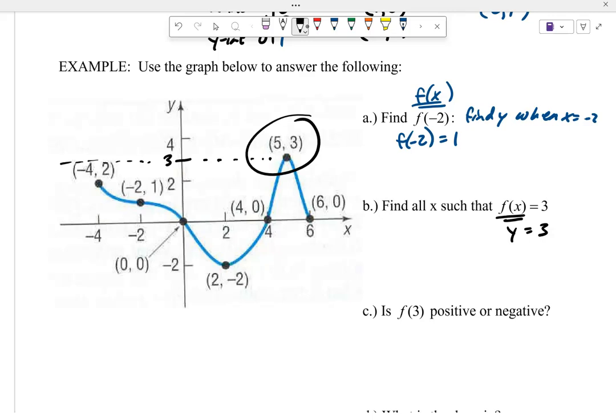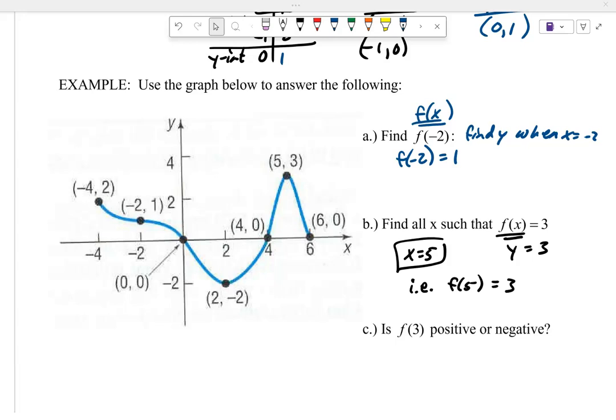That point has a y value of 3, right? And so what's the x value there? 5. So an x value of 5 satisfies f of x equals 3. In other words, f of 5 is 3. Right? That's what they're saying. When the x value is 5, it's spitting out a y value of 3.